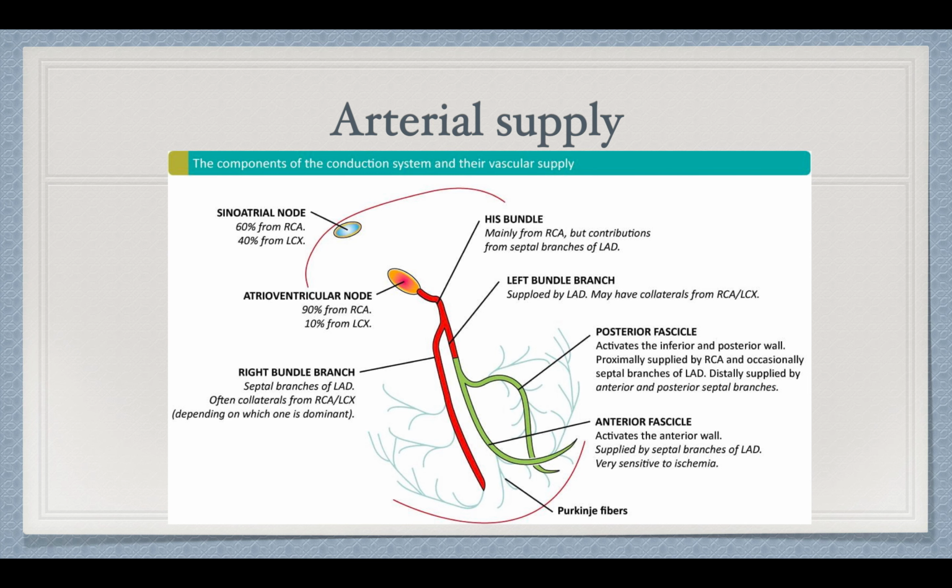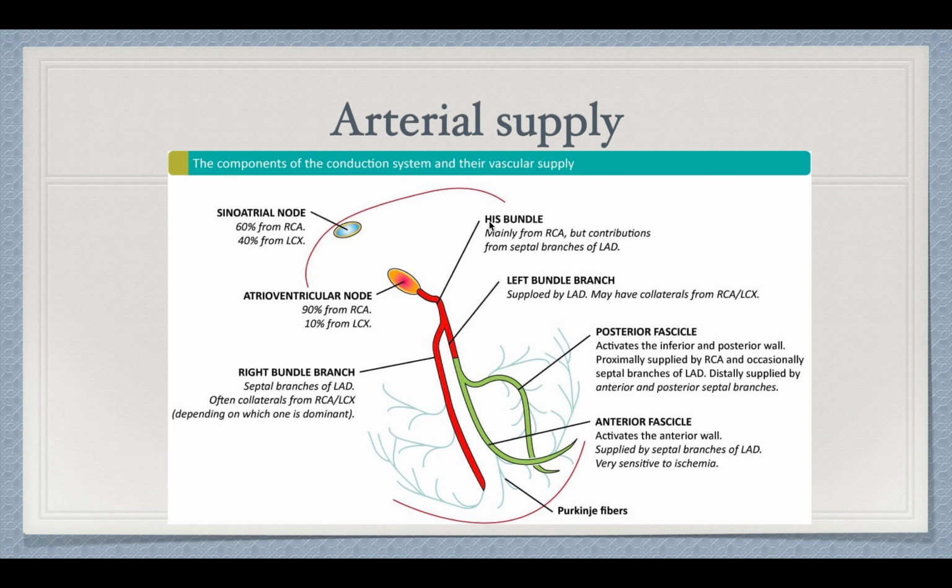So here is the arterial supply of the nodes. The sinoatrial node for most people comes from the right coronary artery. And here's the atrioventricular node, also mostly from the right coronary artery. The right bundle branch is going to have the septal branches from the left anterior descending branch, and sometimes there's some collateral depending on which one is dominant, but usually the right coronary artery is going to be the dominant one.